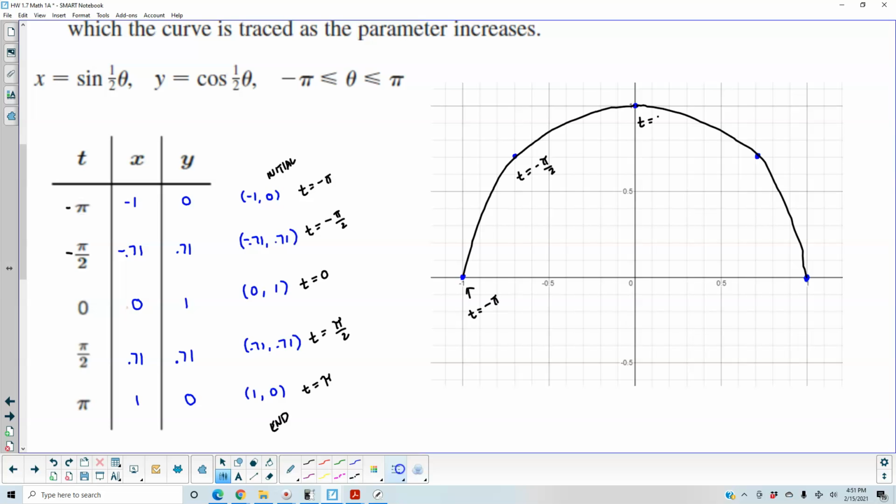This is when t is equal to 0. Here we have t equal to pi over 2. And over here, t is equal to positive pi. So, since we're starting out at negative pi and going to negative pi over 2, then there is the direction of our arrow of this parametric curve.